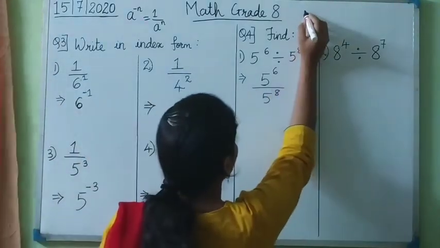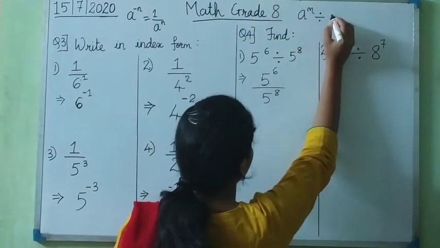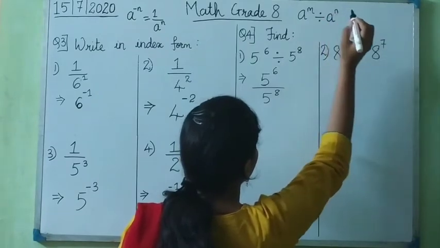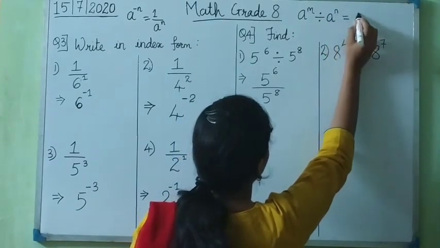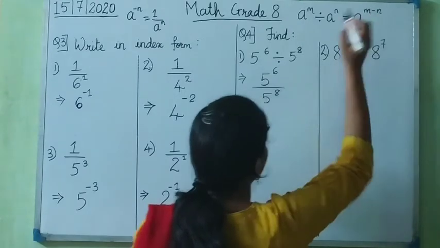I'll write it here: a raised to m divided by a raised to the power n is equal to a raised to the power m minus n, right?